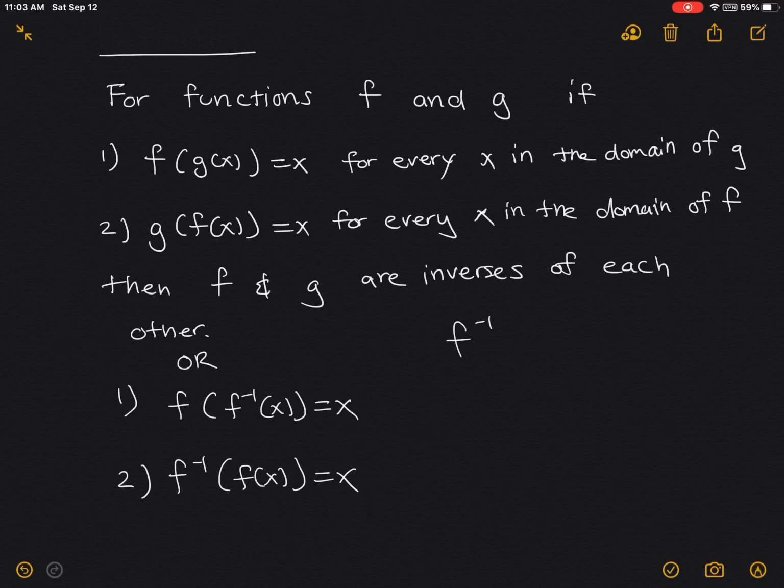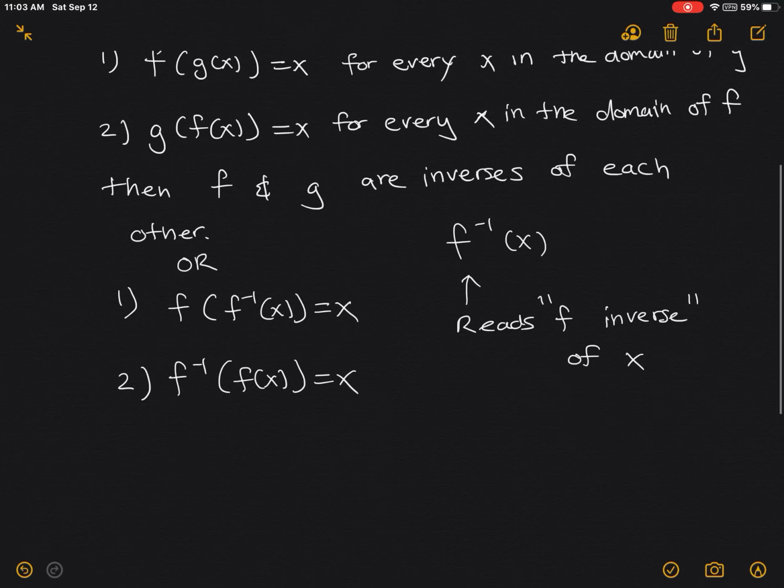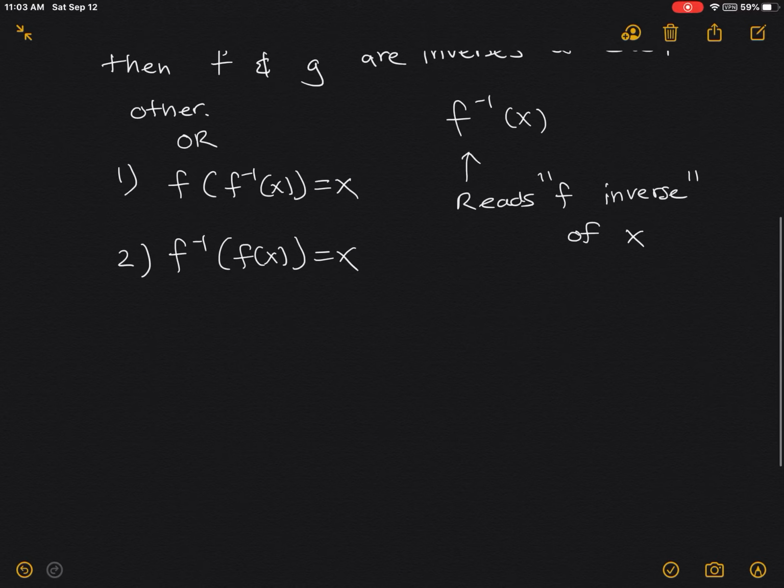Okay, so this is another way of writing this. And then remember, this is your inverse notation. This reads f inverse. Okay, so that -1 does not mean -1 exponent. It just reads f inverse. Okay, so that's the definition.